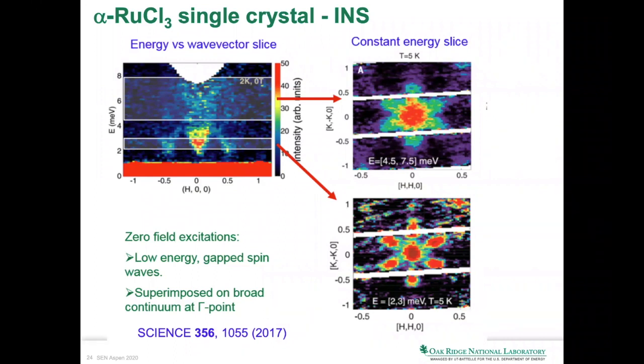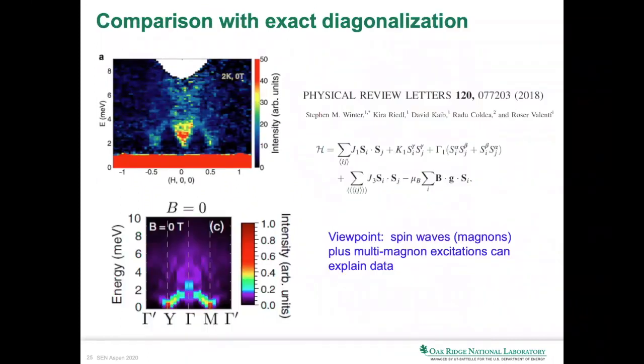And if you look at a low energy cross section, just in the honeycomb plane at some constant energy bandwidth, I see the spin wave cones, but I also see this bit of stuff in the middle, which I wouldn't have necessarily expected from just zigzag order. And at higher energies, what I see is this kind of Star of David shape that goes on quite a bit higher than one might expect. This is very unusual scattering with a continuum at the gamma point, which is not the ordinary wave vector.